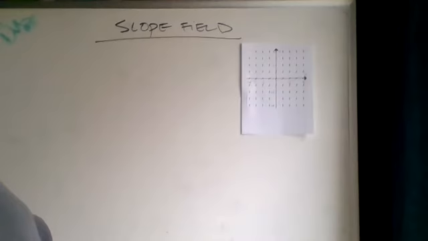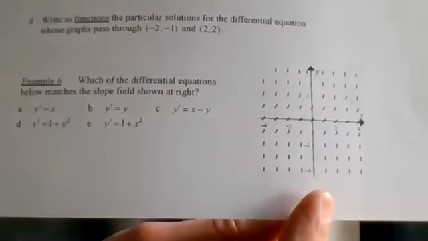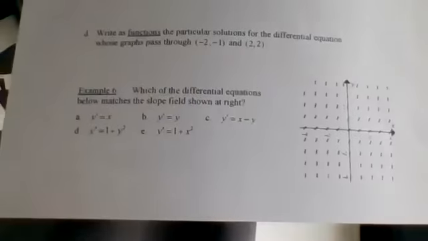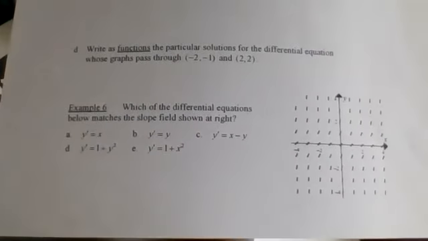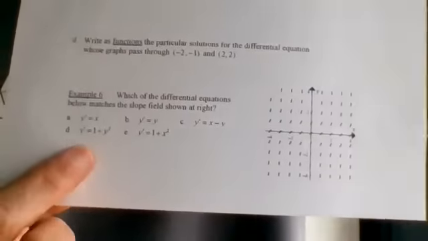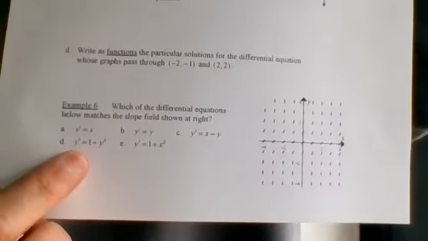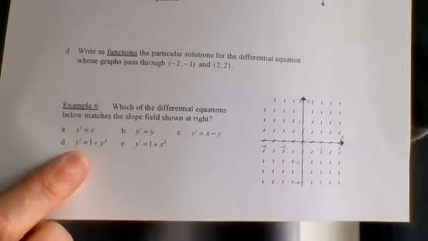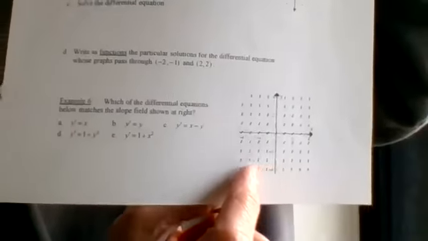All right, so if you look at example 6, here is the slope field right here. That's what I have on my whiteboard. And then it has a bunch of options, right? So which differential equation would give that slope field? I'm going to write these up and we're going to go through them, so bear with me.